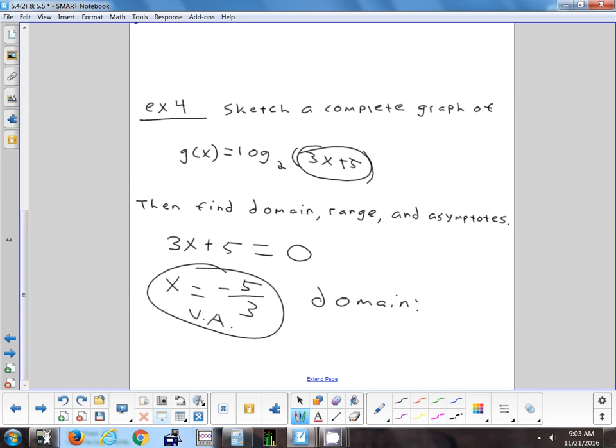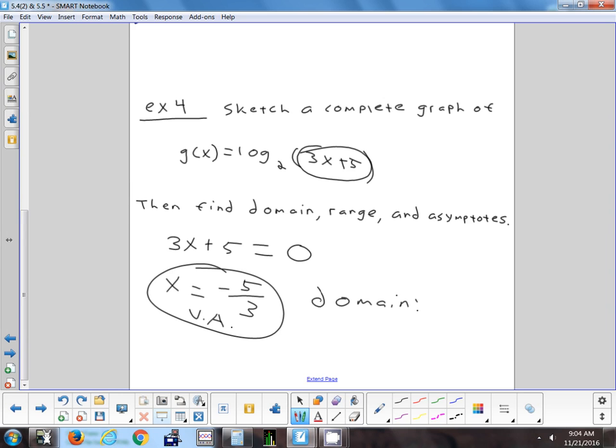If you're not sure, pick a number, let's start with bigger. Pick a number that's bigger than negative 5/3. 1, sure. If I plug in 1, what do I get for an argument? 8. Can I take the log of 8? Yeah, 8's a positive number, so it worked.